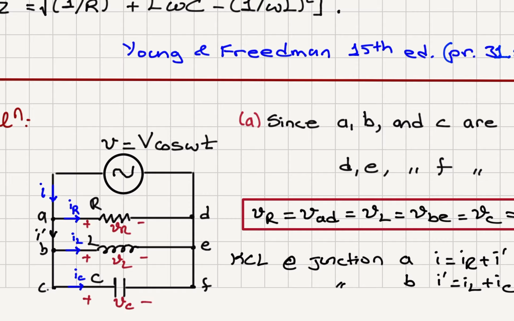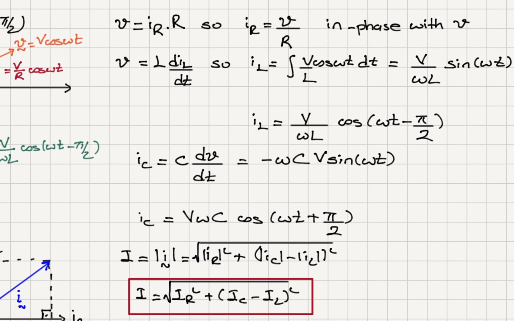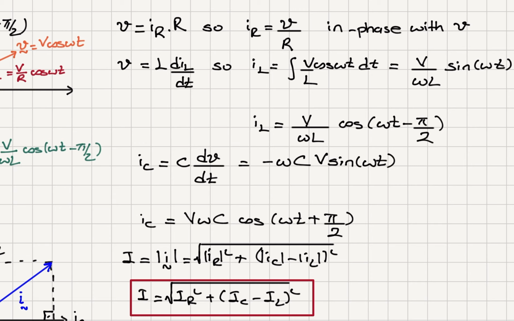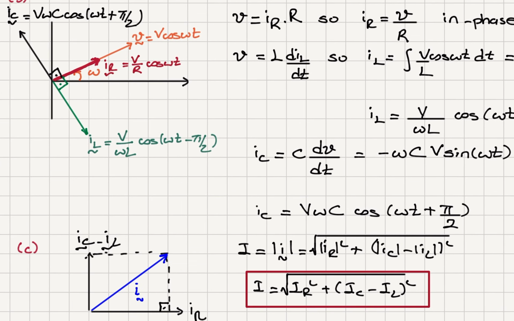So this requirement shows me in part B that for the resistor, the current phasor is in phase with the voltage phasor. For the inductor, the current phasor lags the voltage phasor by pi over 2. For the capacitor, current leads the voltage phasor by pi over 2.